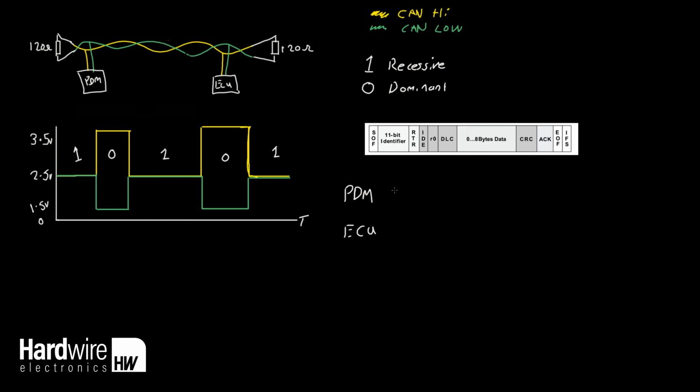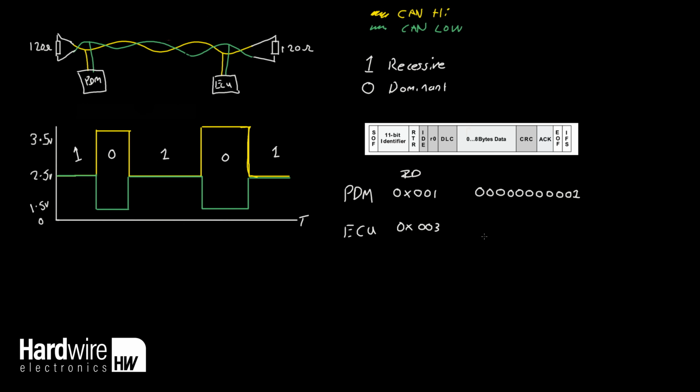And the ID of the PDM message is 0x001, and the ID of the ECU message is 0x003. So in binary, this would read out as 0, 0, 0, 0, 0, 0, 0, 0, so that's 1, 2, 3, 4, 5, 6, 7, 8, 9, 10, and then a 1 here.